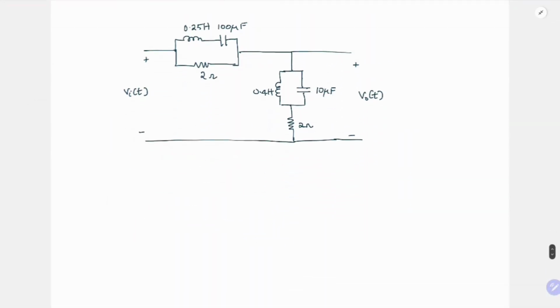For the second case, Vi2 of t is 4 sin 500t, and your omega is 500. So your j omega L2 is j into 500 into 0.4, which is nothing but j200.